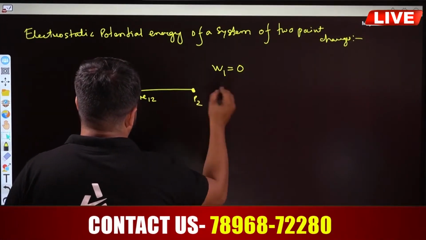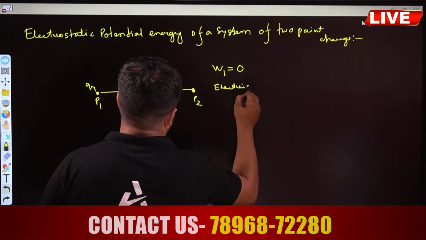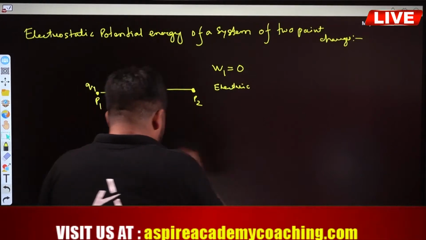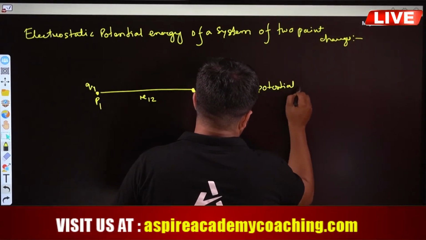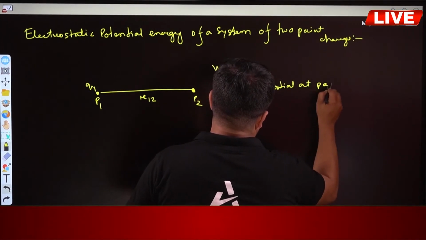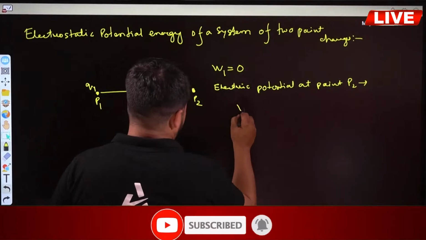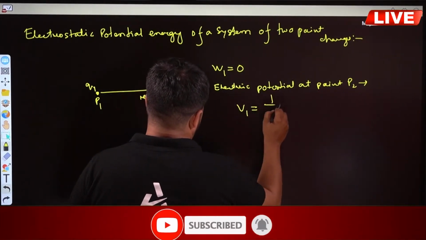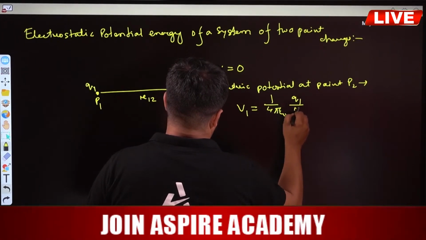What is the electric potential at point P2? At point P2, V1 is the electric potential, 1 by 4 pi epsilon naught Q1 by R12.